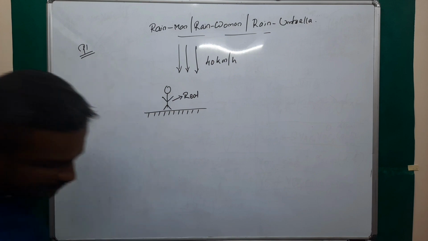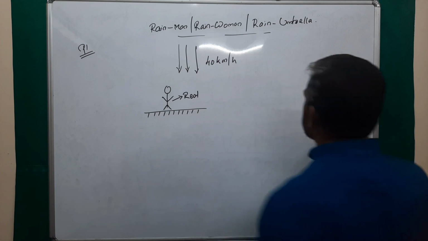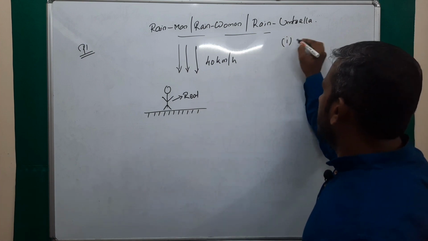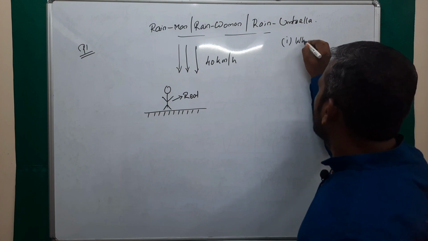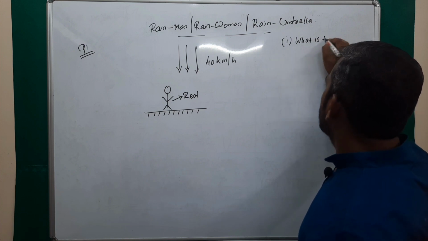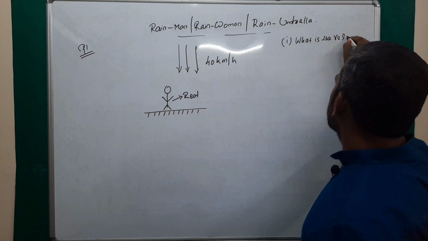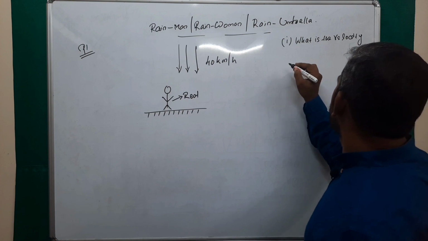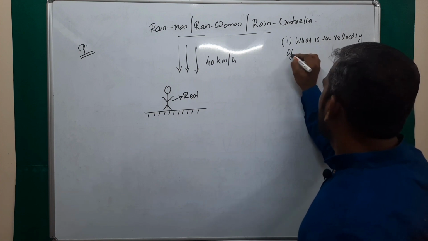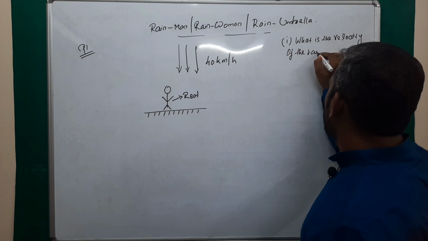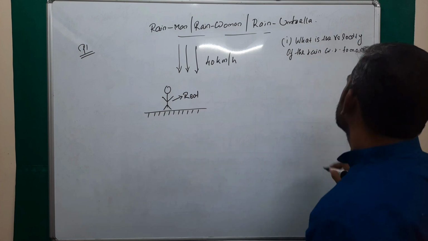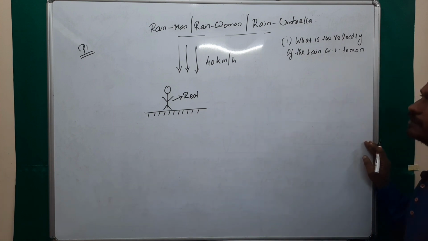So we have to find two things. First, what is the velocity of the rain with respect to the man, or the relative velocity of the rain with respect to the man.